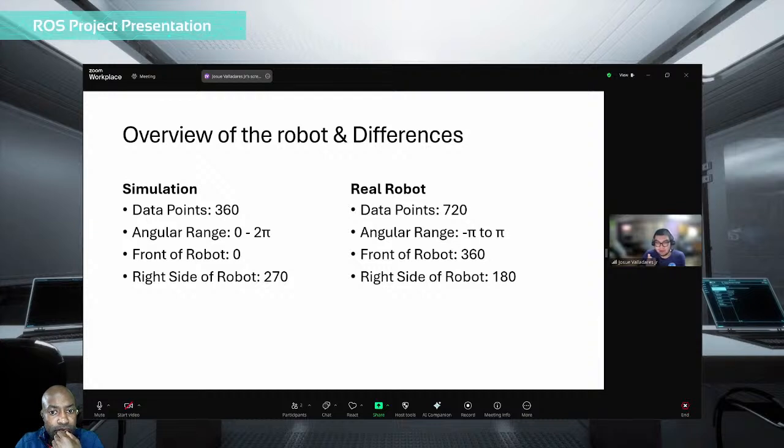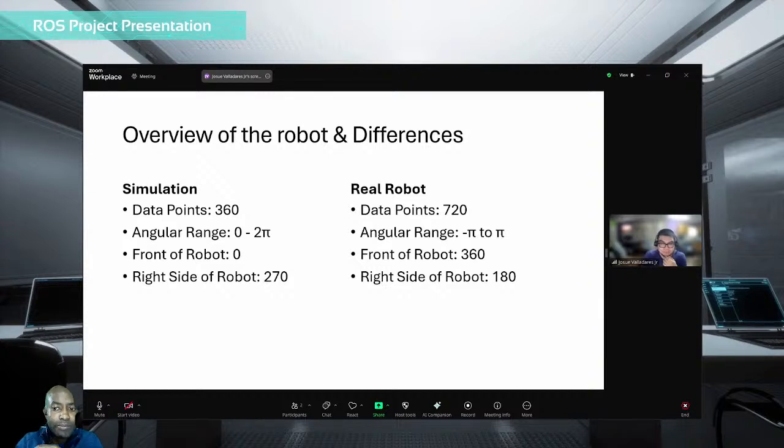Whereas the real robot had about 720 data points, and its angular range went from negative pi to pi, which is about negative 180 degrees to 180. The front of the robot was at data point 360, whereas the right side was at 180.